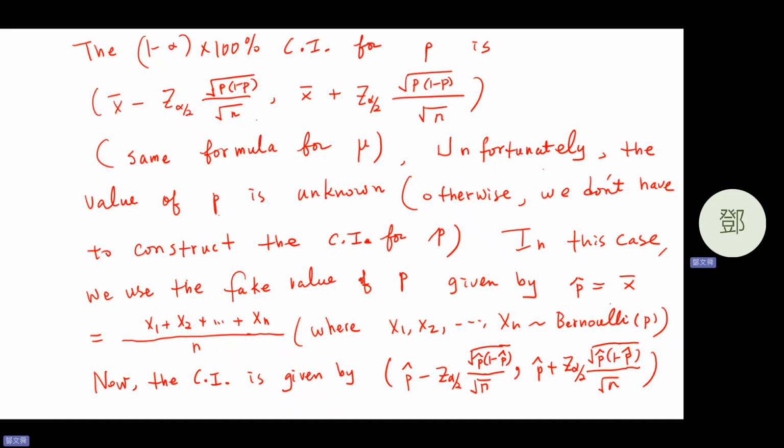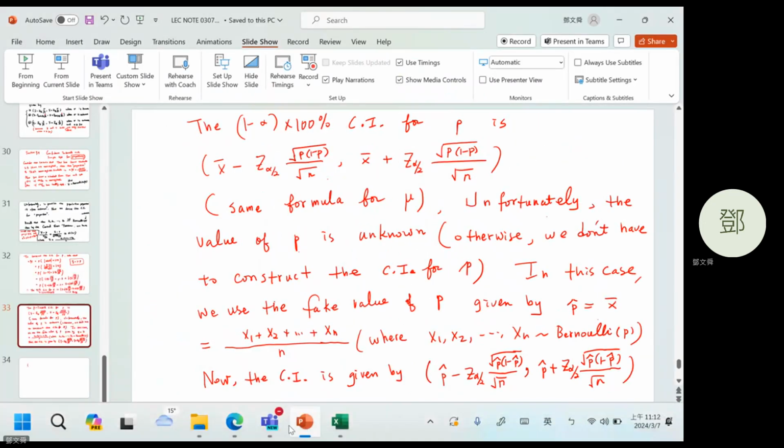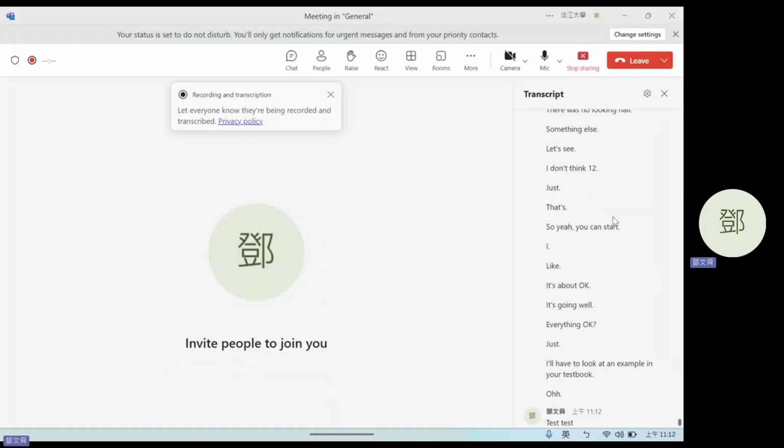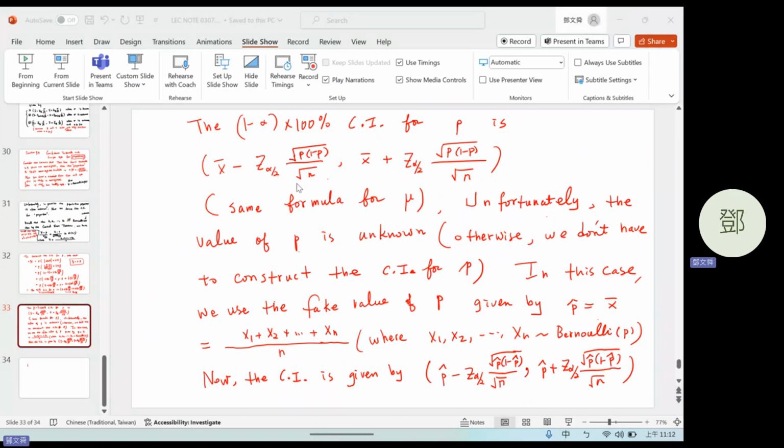Let us look at an example in your textbook. Okay, let us take a look at an example, maybe two examples.